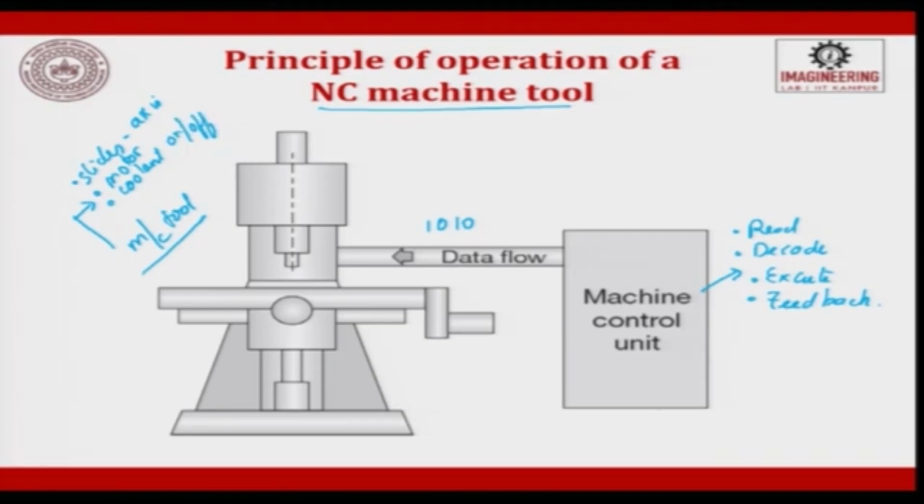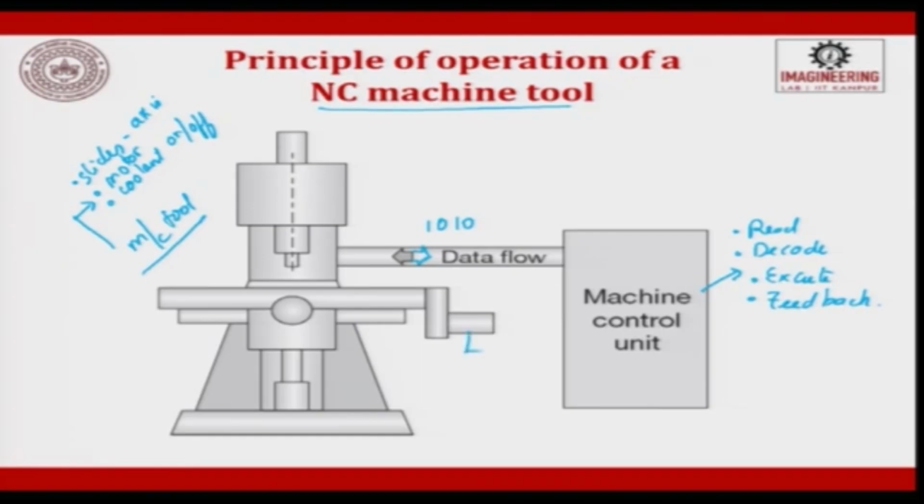If it has a feedback, then you will have one more arrow. If it does not have, it will have only one arrow. So, this is one way. It is only giving the instruction, and if I put it in the other side, it is giving in and giving out. So, it can be an open loop system or it can be a closed loop system.